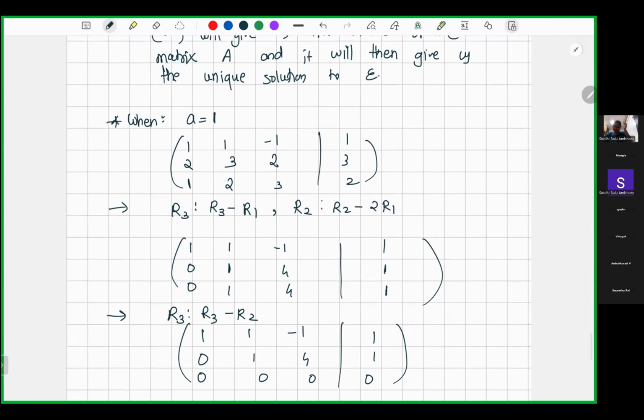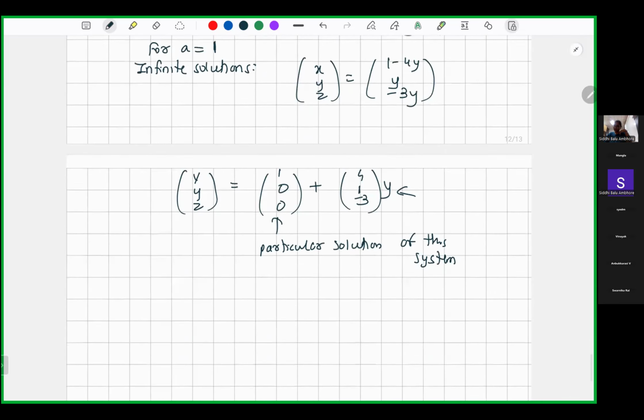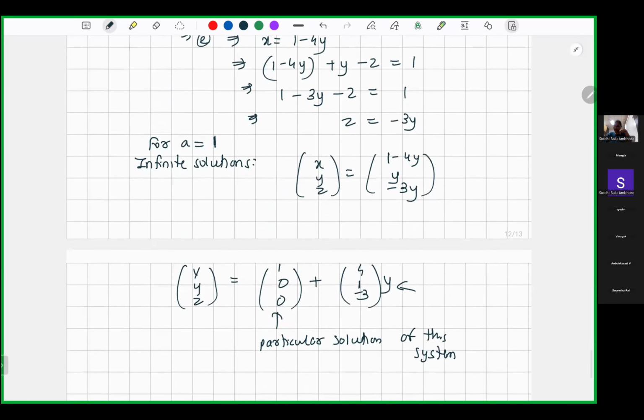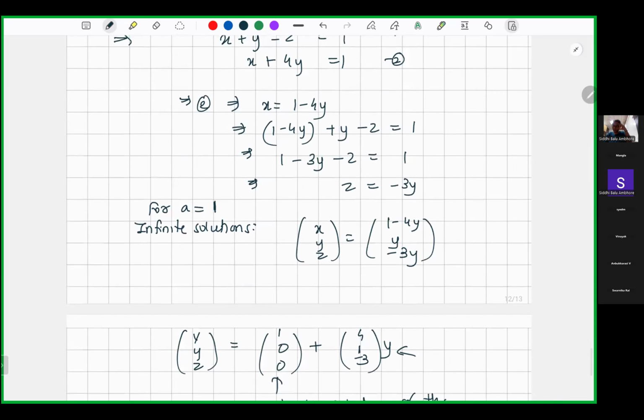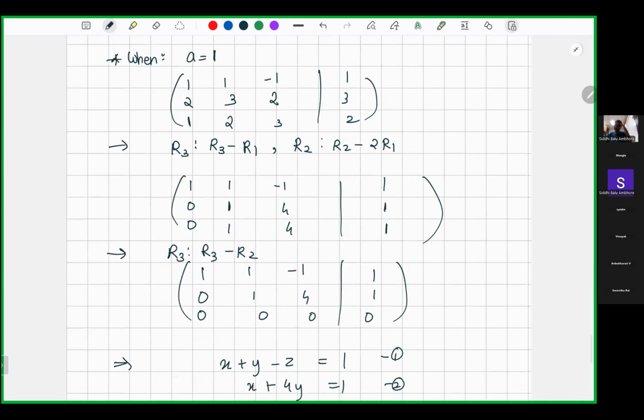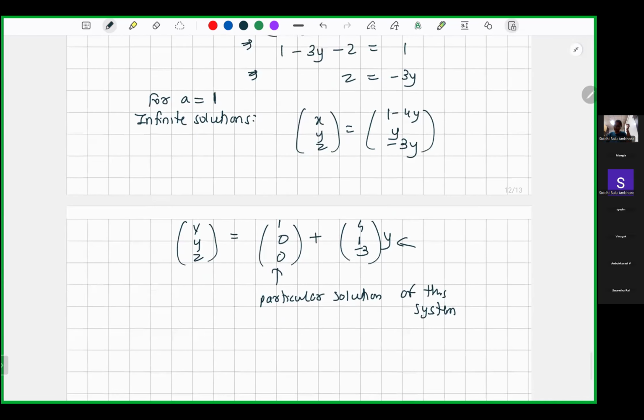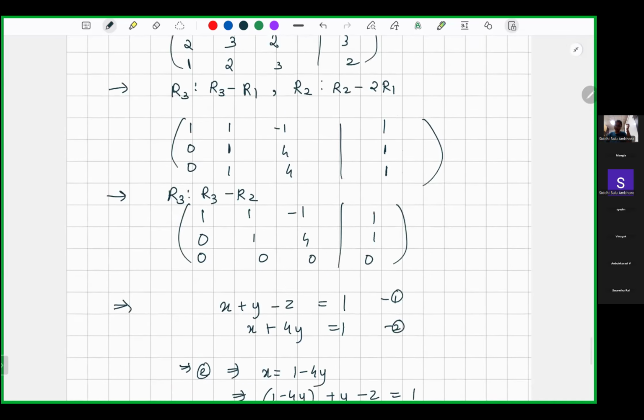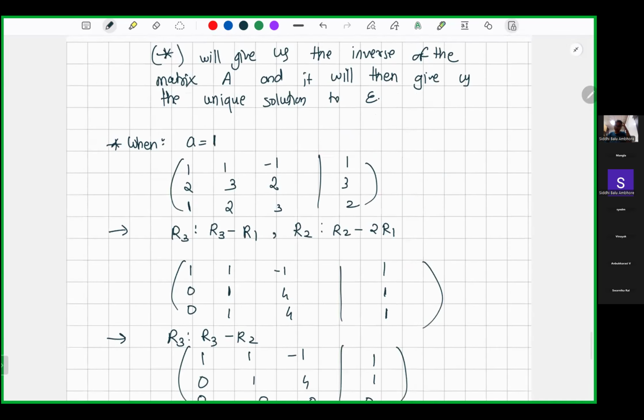Okay, and if we see whether this makes sense, I hope I'm correct here and I did not make any mistake. It's correct, right? I hope people were with me. Because is this really a solution? Because if I put y is equal to 0, this becomes 1, 0, 0. And is 1, 0, 0 a solution to this?